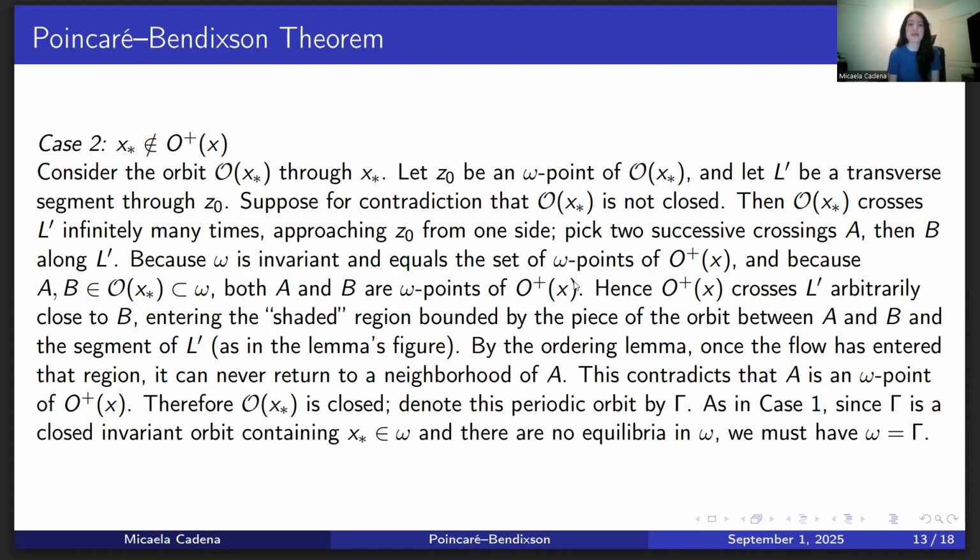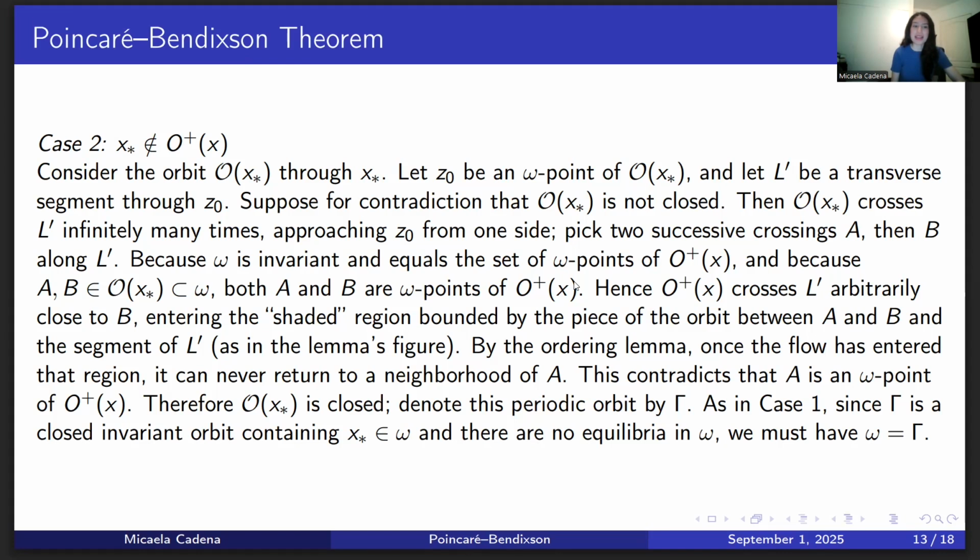Therefore, we must have that the full orbit through X star is closed. And we're going to denote this periodic orbit by gamma. And as in the first case, we also use the fact that the omega limit set is invariant, and so is gamma.